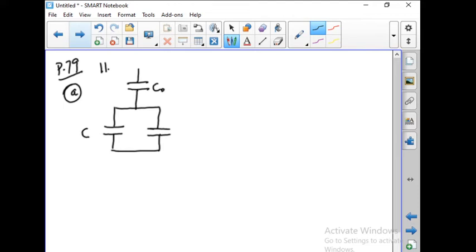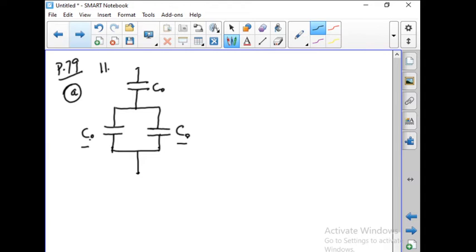C naught, C naught and C naught. Here you see these two capacitors C naught and C naught are connected in parallel. So we can calculate the equivalent capacitance of these two capacitors first.